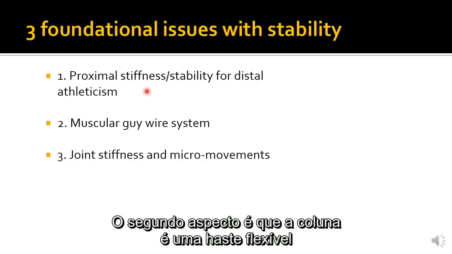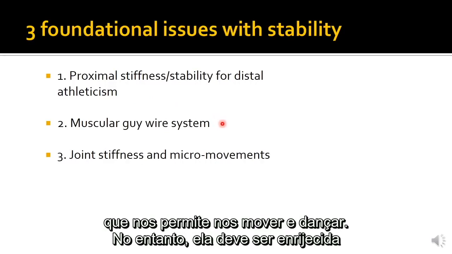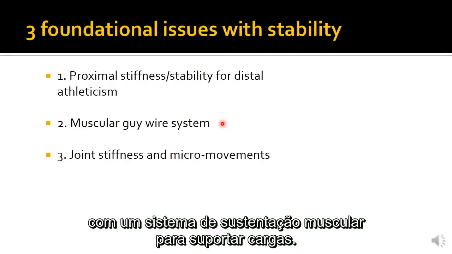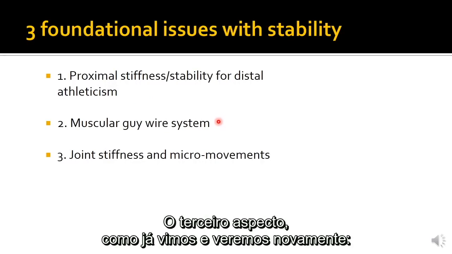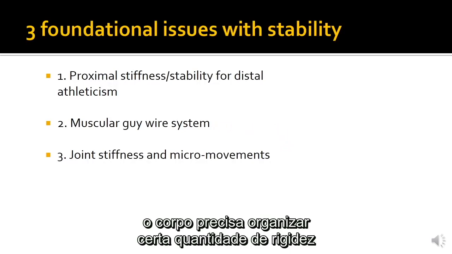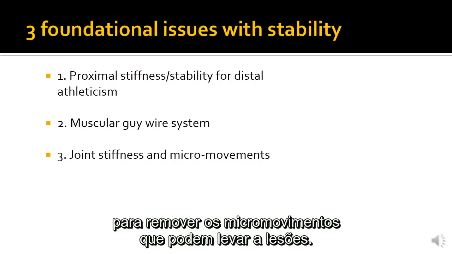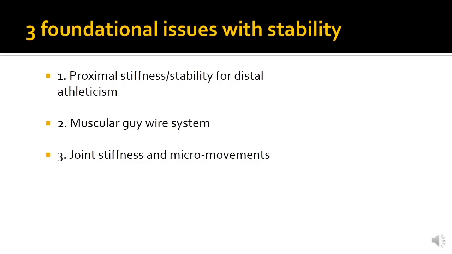The second aspect is the spine is a flexible rod, which allows us to dance and move. However, it has to be stiffened with a muscular guy wire system to bear load. And thirdly, as we will see and have seen, the body needs to organize a certain amount of stiffness to engineer out the micro movements that can lead to injury.